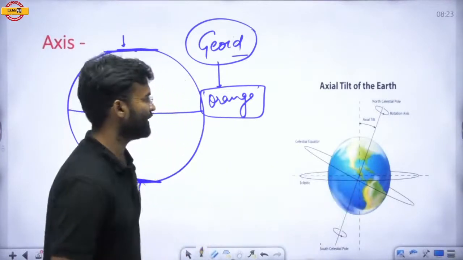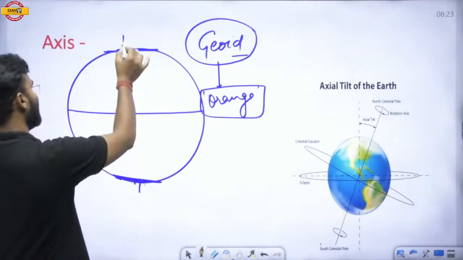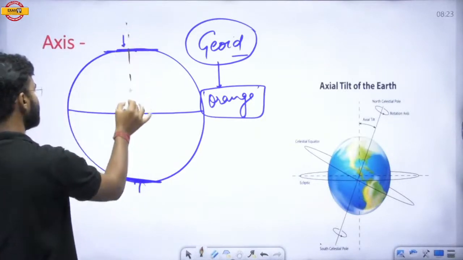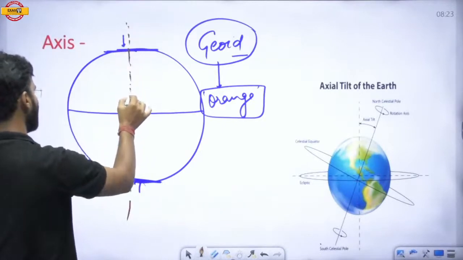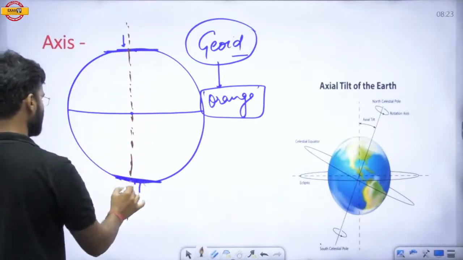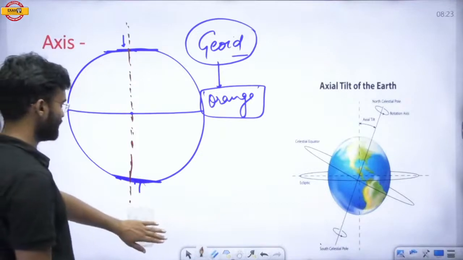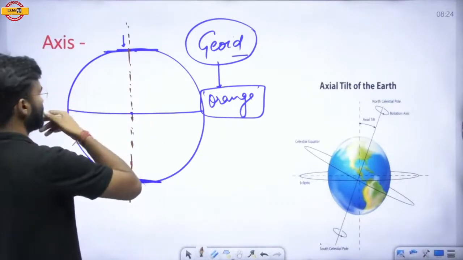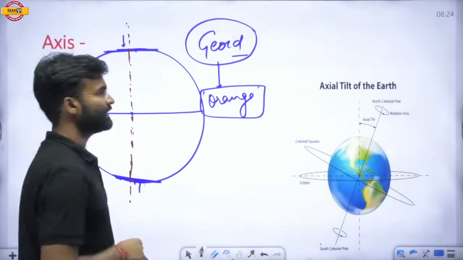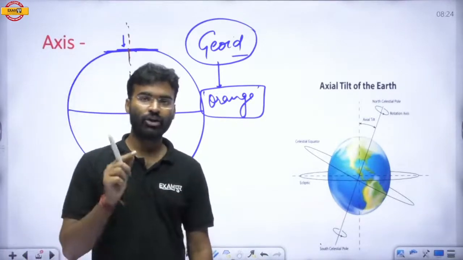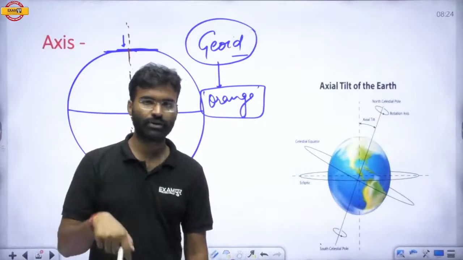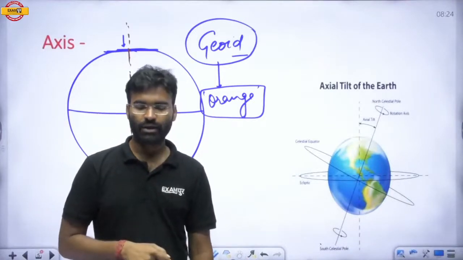And the Earth is not erect on its axis. So what is the axis? The axis of any object is an imaginary line which joins its upper portion to its lower portion through the center.